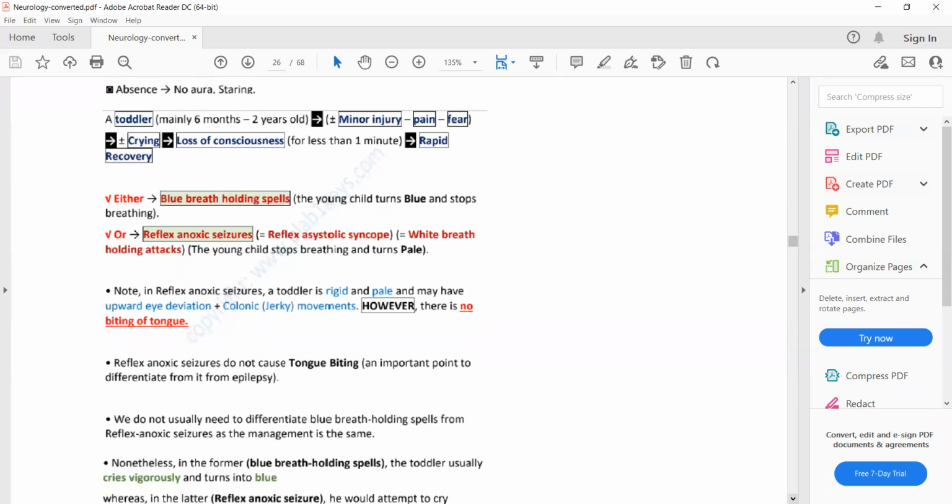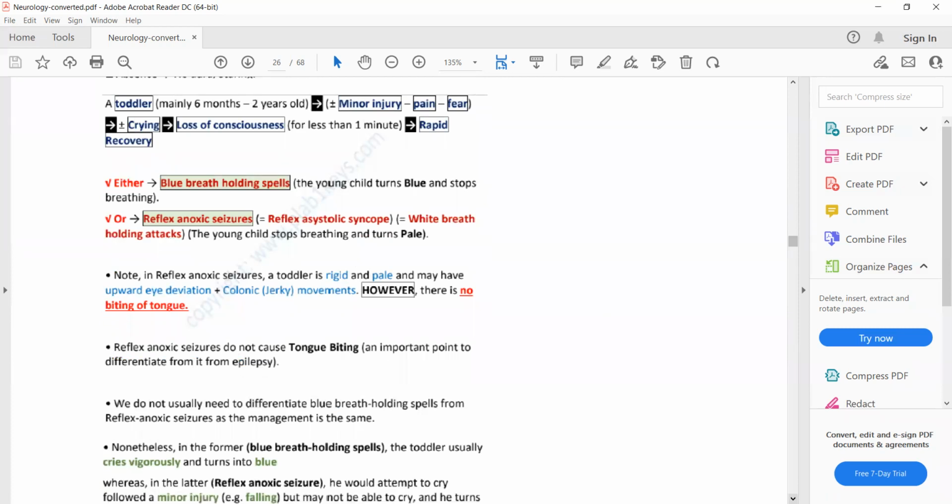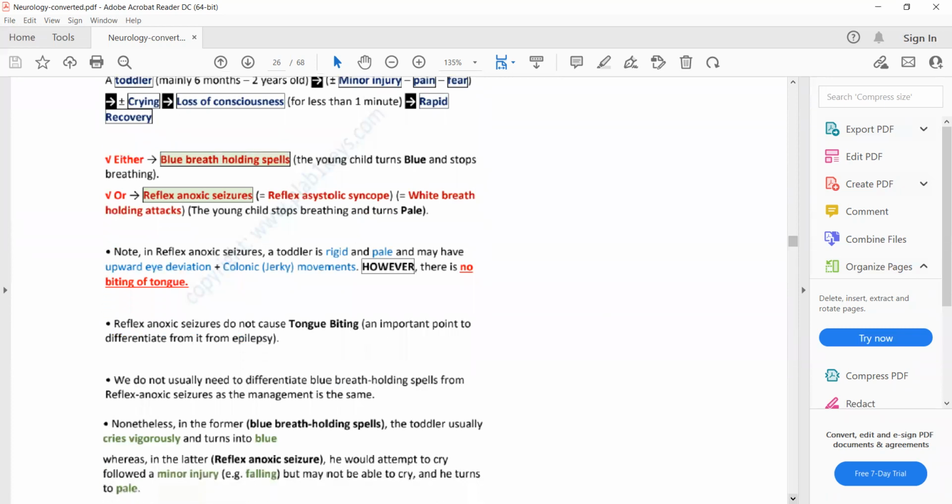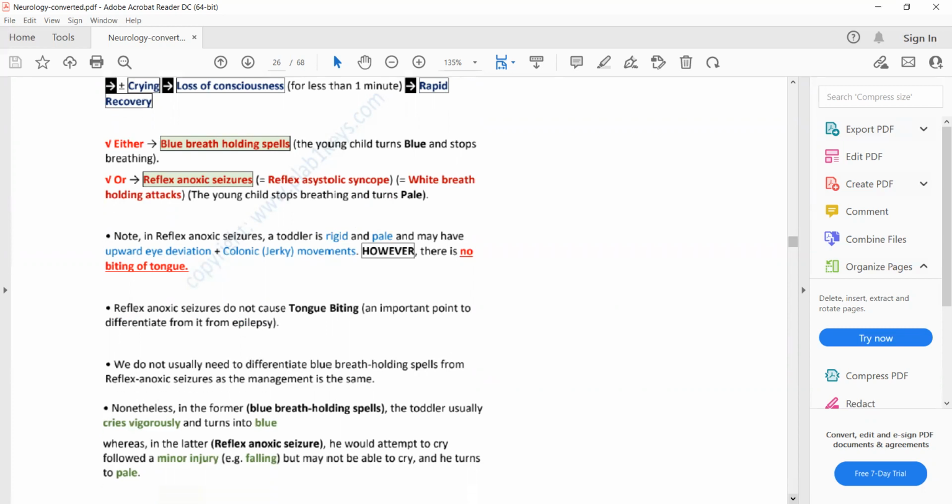Just ask them to put their child in the recovery position during the attack to prevent aspiration of any fluid or vomitus during the attack.